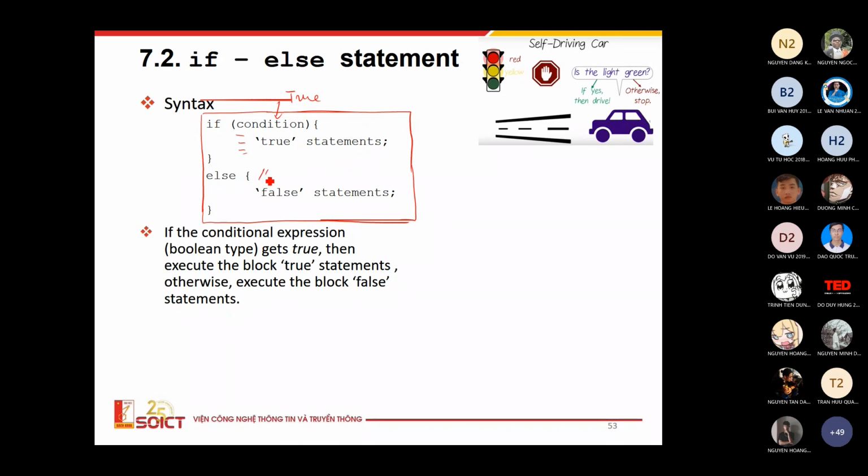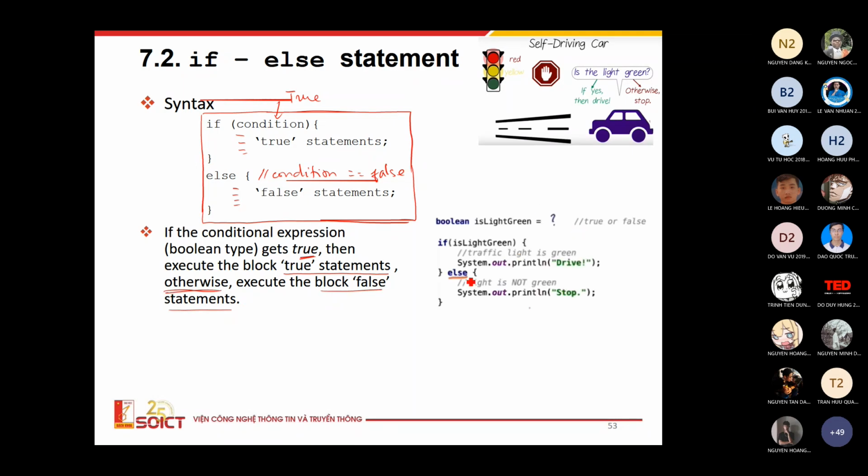Else, that means the condition is false, and you will execute this statement. Here you see if the conditional expression gets true, then it will execute the true block. Otherwise, it will execute the false block.